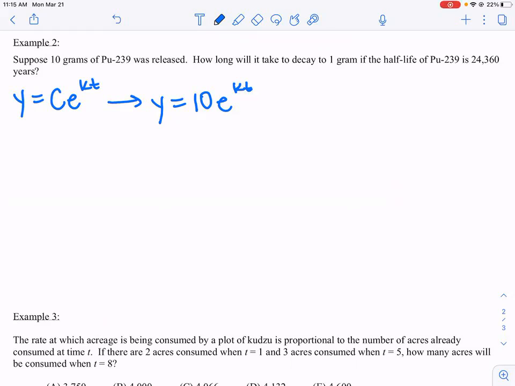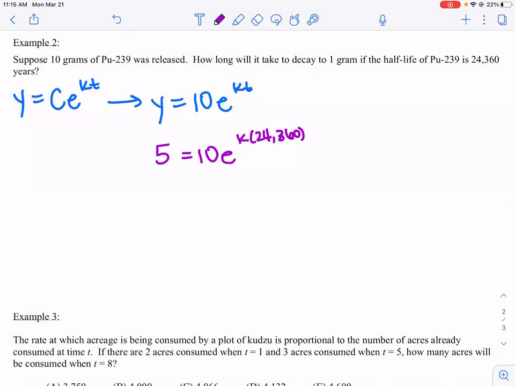Our half-life is 24,360 years. Let's talk about half-life. We know that it will take 24,360 years for this 10 grams to decay into 5 grams. Watch this.